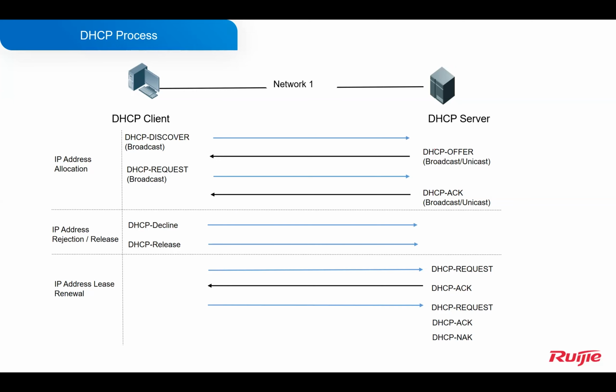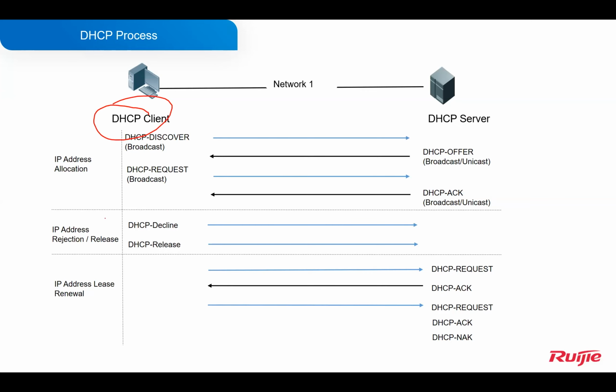Then our server replies with the DHCP offer to our client. Then our client sends the DHCP request to the DHCP server. After this, the DHCP server responds with the DHCP ACK packet to the DHCP client. So this is a simple process between the DHCP client and the server.